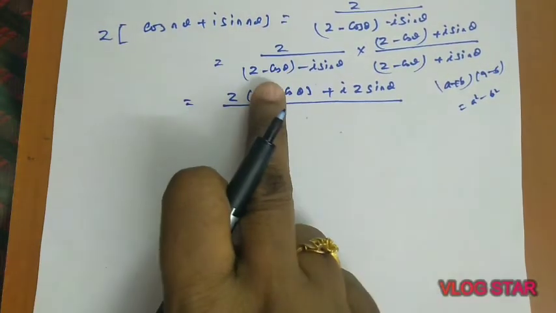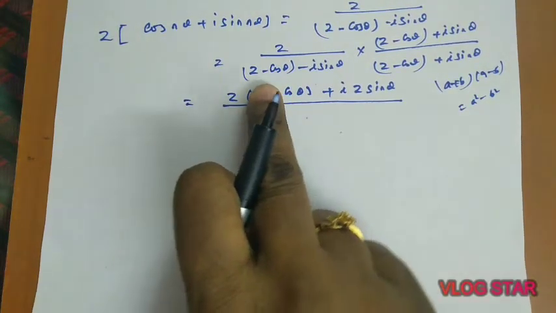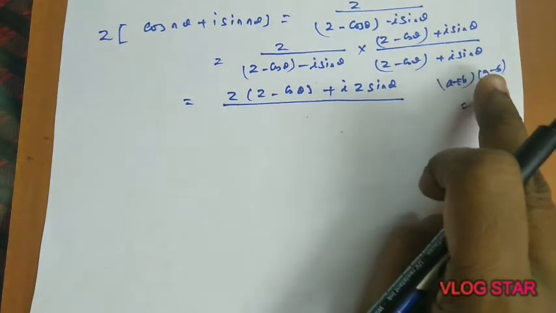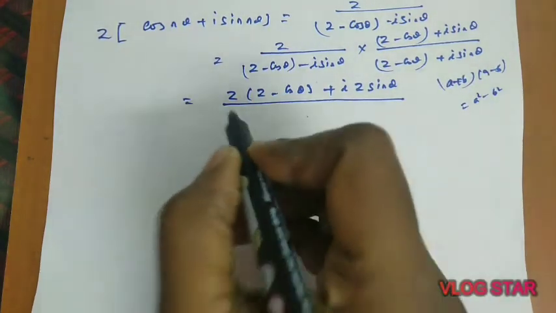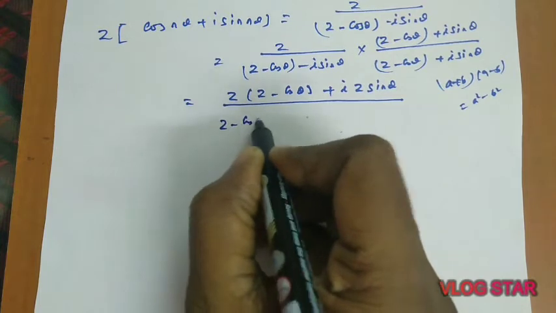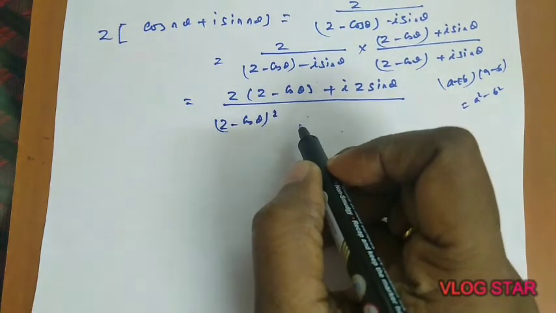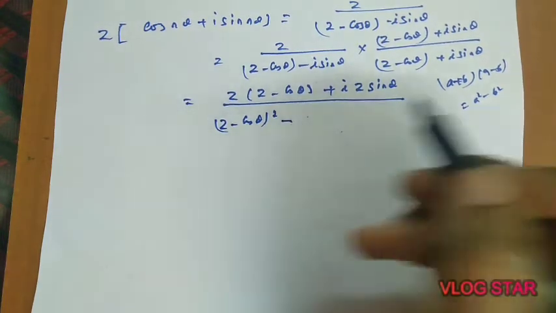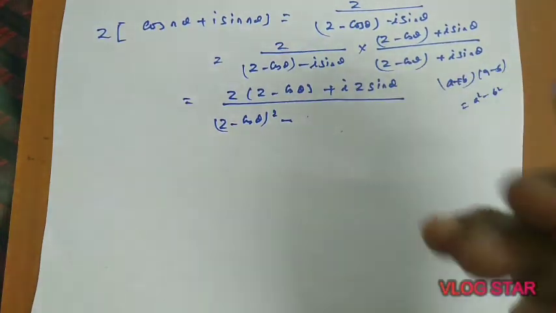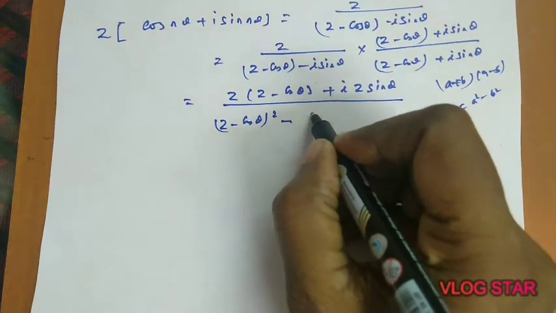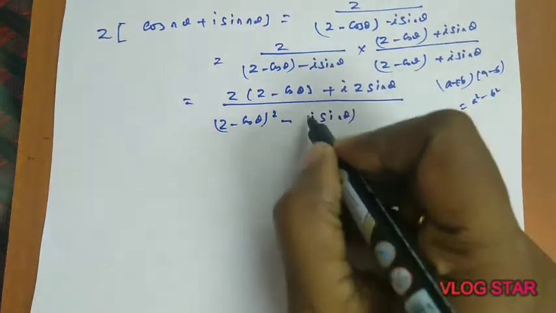In the place of a we are having z minus cos theta, in the place of b we are having i sin theta. So this can be written as (z minus cos theta) the whole square, that is a square, minus b square, in the place of b we are having i sin theta, so (i sin theta) the whole square.